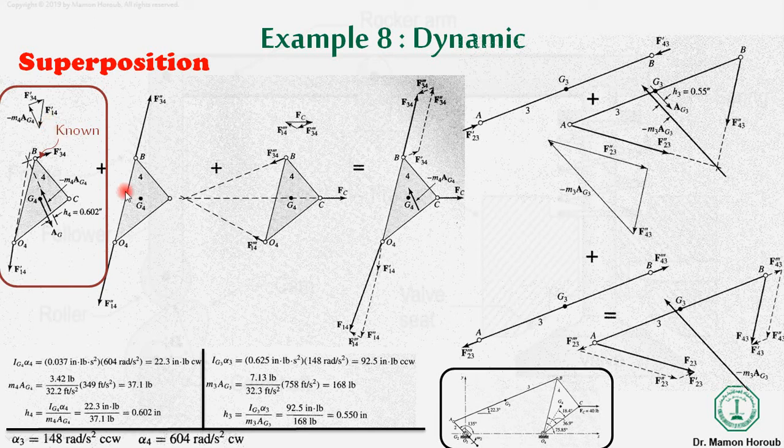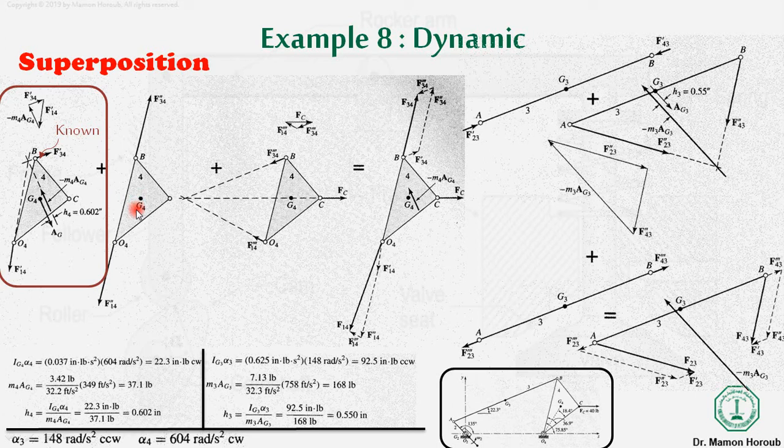Okay, now we will come to the second case, in which we are not considering the external force, and also we are not considering the inertial force. So in this case, let's suppose link 3 is a two force member.